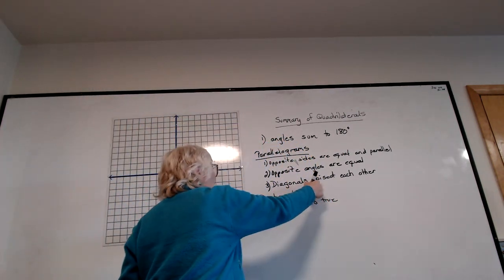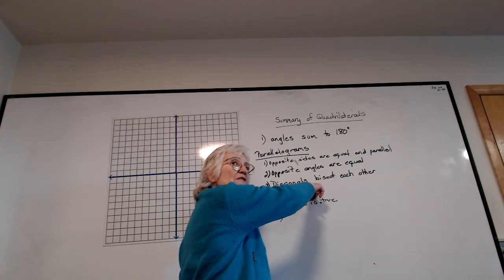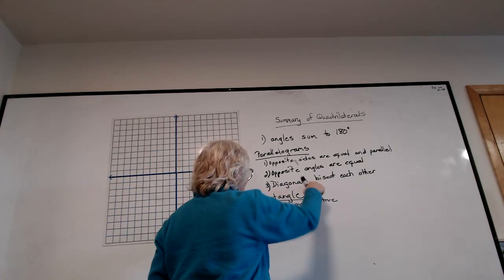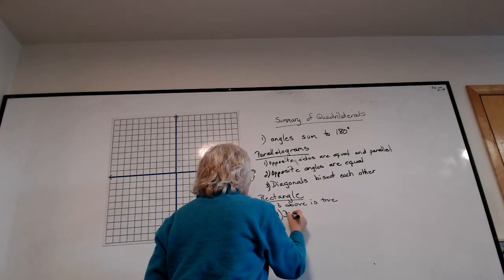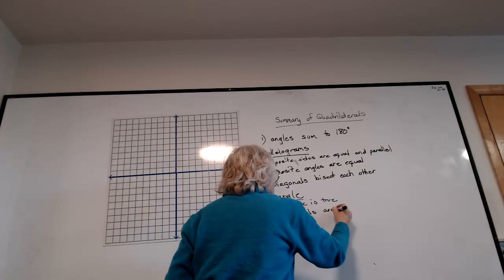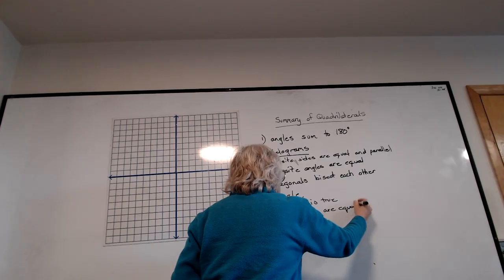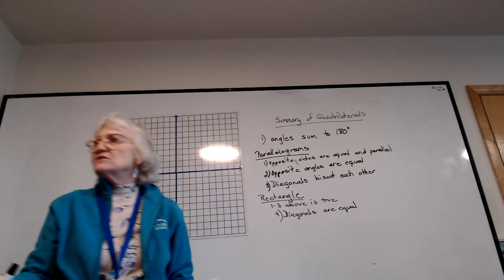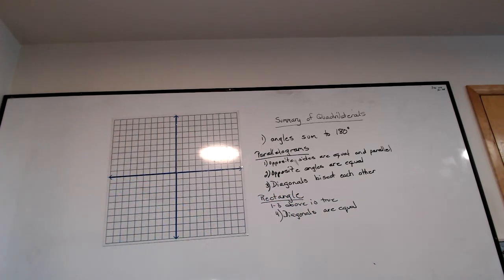Okay, here the diagonals are not necessarily equal, but we know they cut each other in half. Here the diagonals are equal. So that's something we can know when we get to a rectangle. That's also true of a square, because a square is a rectangle. So anything that falls under each of these categories, it's also true. Okay.